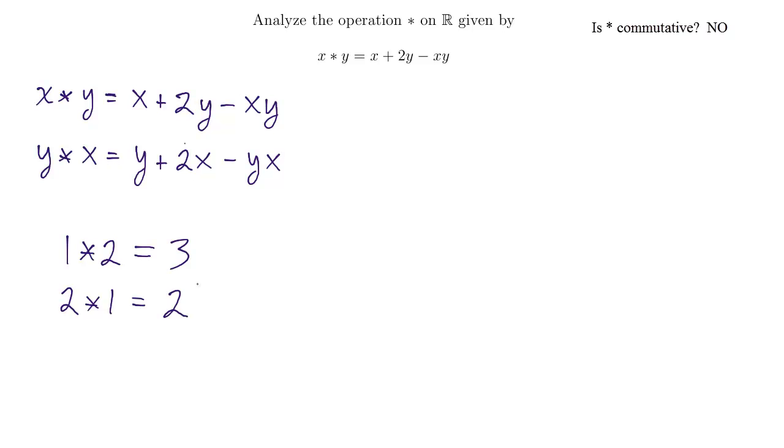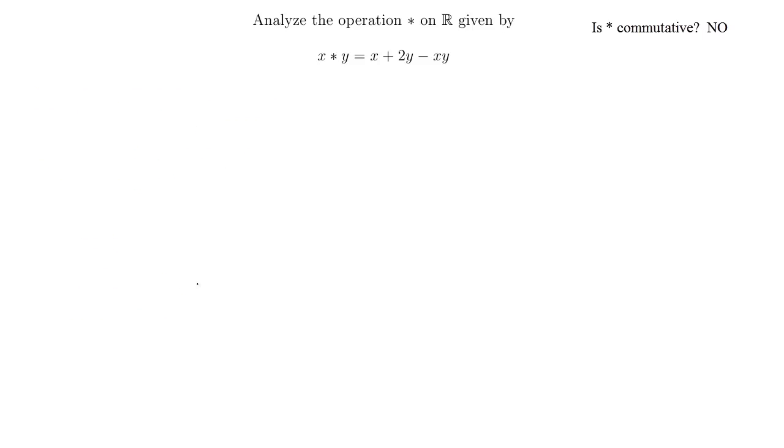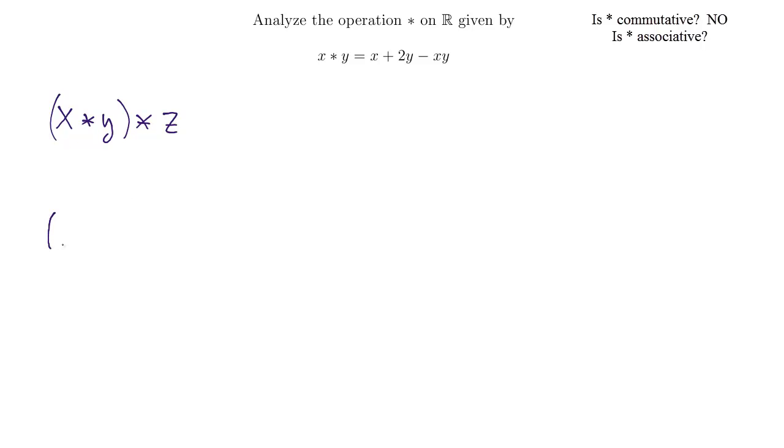Okay, well, let's check the next property, and that is associativity. To check associativity, we need it to be the case that grouping three elements in different ways, x star y, and doing that first, and then starring that together with z, we want that to be the same as first doing x and starring that with the result of y star z.